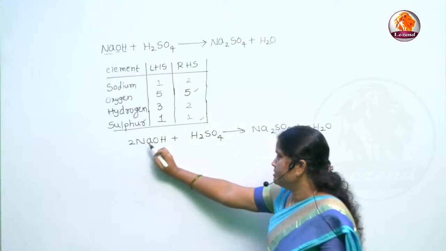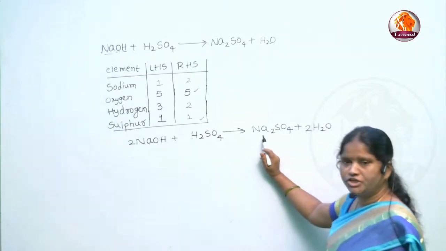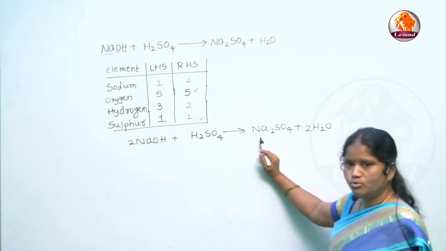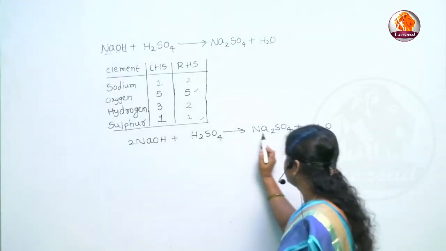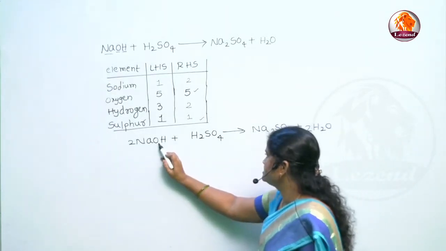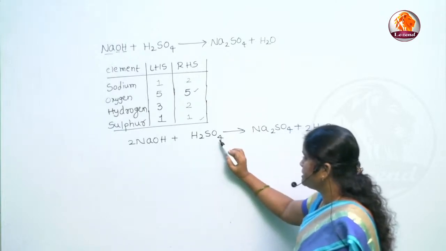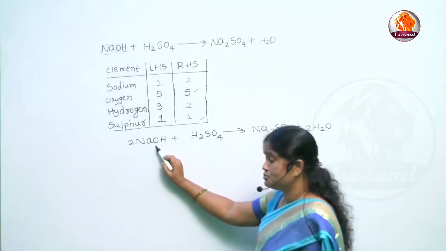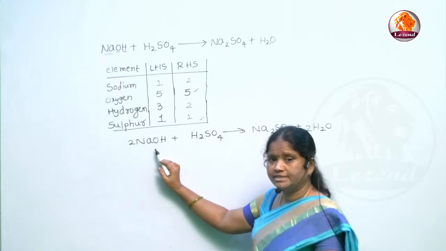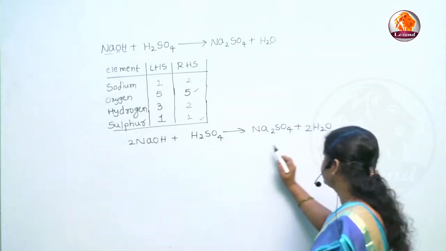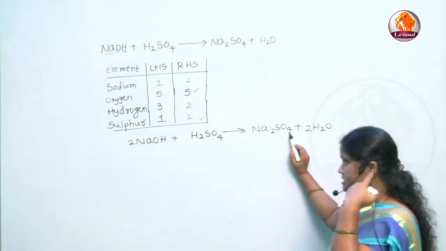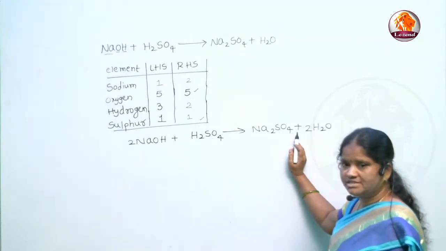These 2 sodium atoms. Again we need to compare the atoms of each element on both sides. 2 sodium atoms, 2 oxygens plus 4 in H2SO4. In sulfuric acid we have 4 oxygen atoms. 4 plus 2, how many oxygen atoms become the total at the reactant side? 6. So again, at the product side the number of oxygen atoms should be the same.